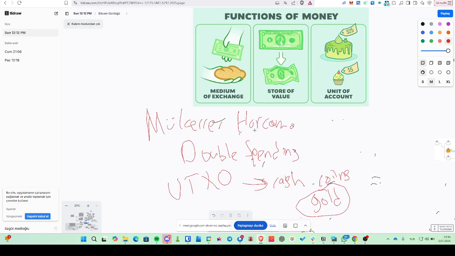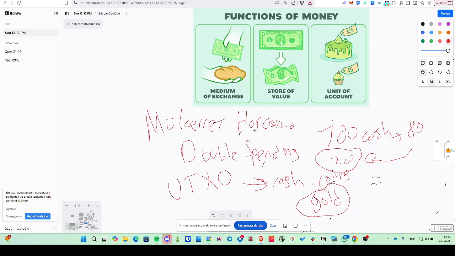because if you use gold or cash as a medium of exchange, you will send 100 cash. Let's say the price of that is 80, then you receive 20. This 20 is UTXO. The whole thing is about the UTXO model.